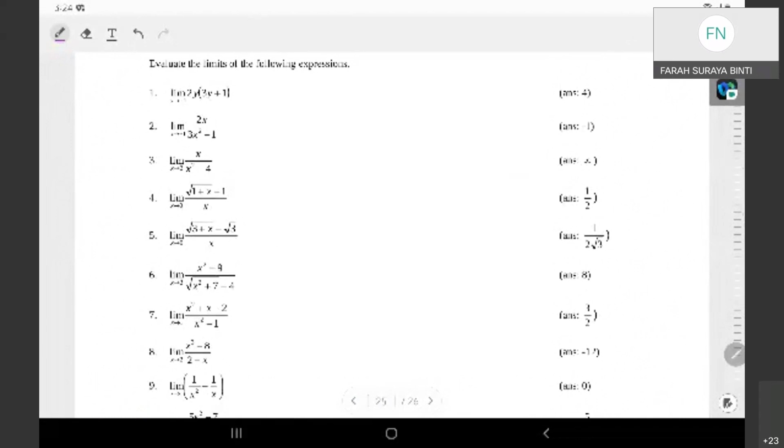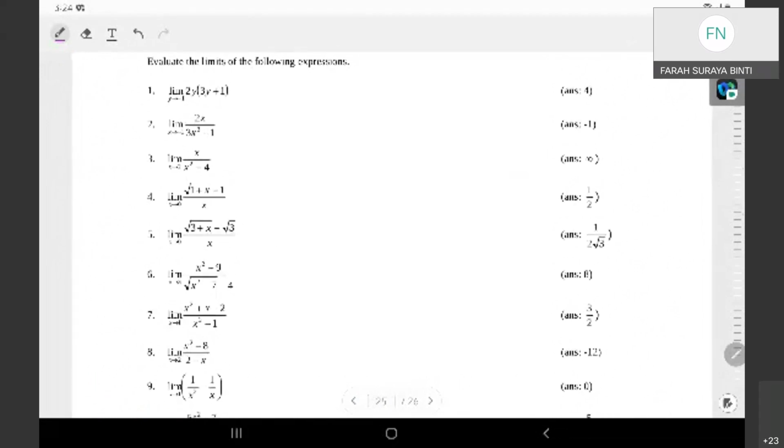Okay, untuk next class. Okay, tolong boleh screenshot lah. Screenshot sekarang. Saya tunjukkan ni soalan 1 hingga 9. So, you all boleh ada masa lagi ni. Boleh siapkan lah soalan ni. So, untuk next class, ready dengan jawapan masing-masing.